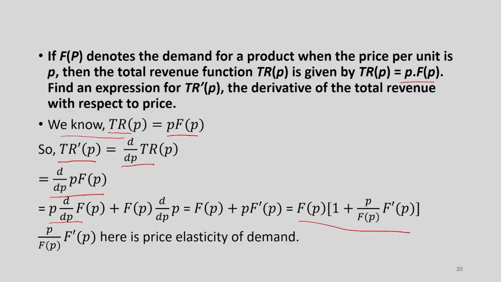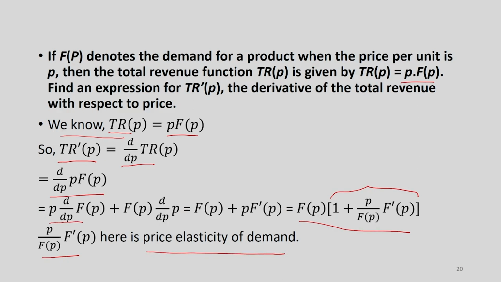If we take f(p) common, then within the brackets we have the expression 1 plus p divided by f(p) multiplied by f prime of p. Here remember, f(p) is the demand function. Demand function is a function of the price, and as we have noted here, f prime p multiplied by p divided by f(p) is called the price elasticity of demand.